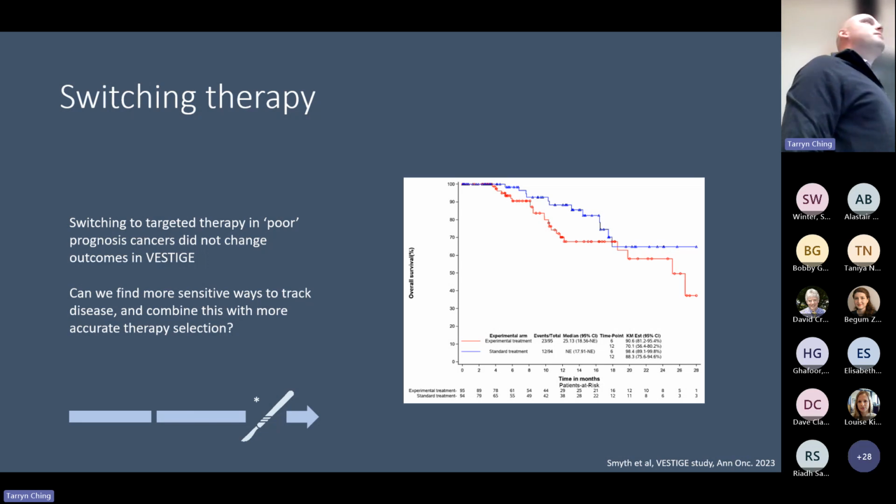What they did was take people who had poor features in their post-op pathology and then gave them immunotherapy after surgery rather than continuing the standard of care treatment. And actually that didn't make any difference. So again, we probably have a lack of awareness of the cancer subtype in terms of who's going to respond to immunotherapy. So we have to keep looking.